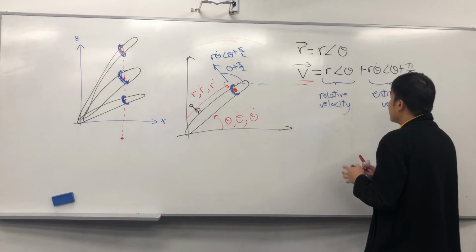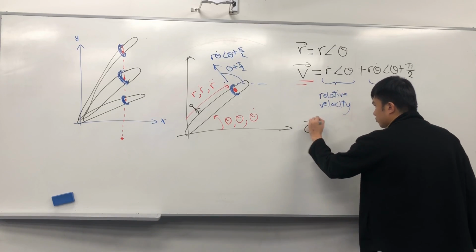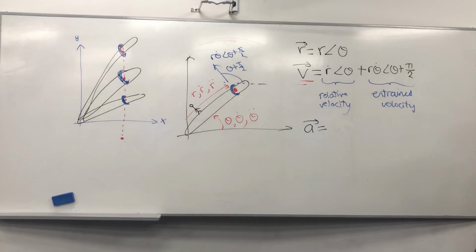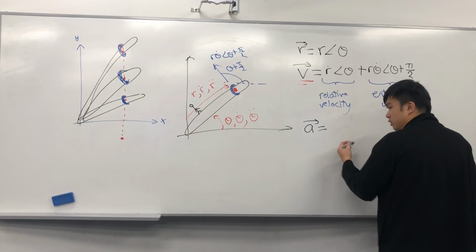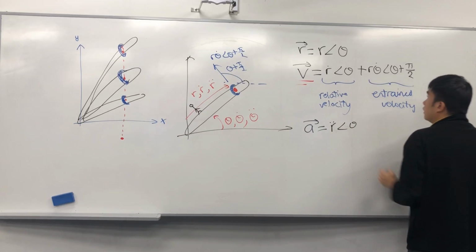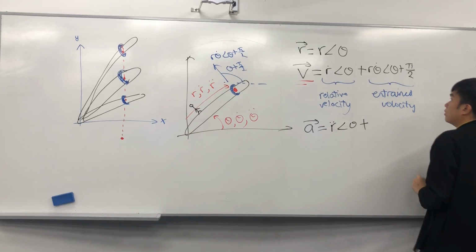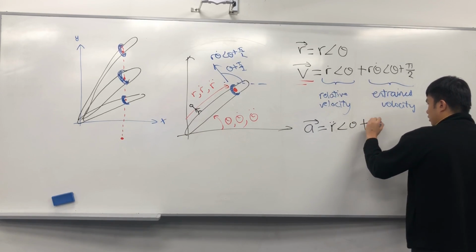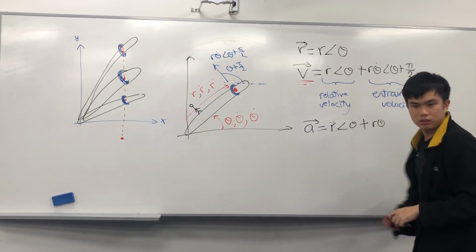Yeah. And the third component is acceleration. Now, for acceleration, it's a bit more complicated. But let me write it down first. It's basically r theta double dot, plus r theta dot, sorry.